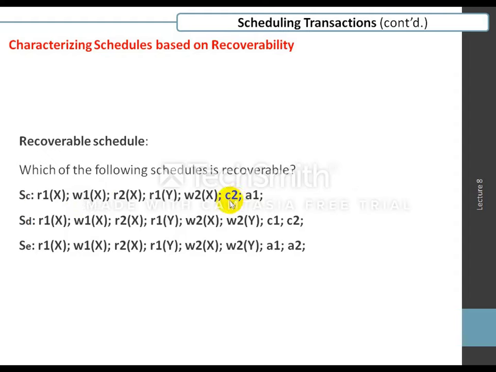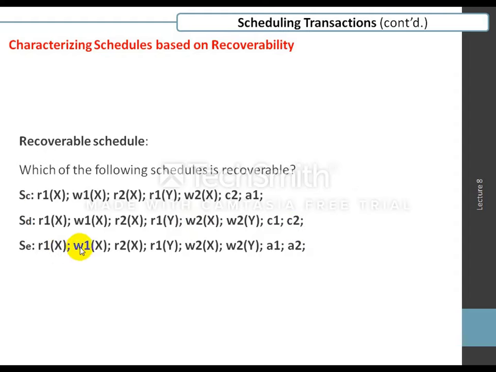But we see here transaction 2 commits before transaction 1, so it's not recoverable. Second example, transaction 1 writes the X and commits first, okay? And another transaction, which is T2, writes X and commits after T1, so it is recoverable.